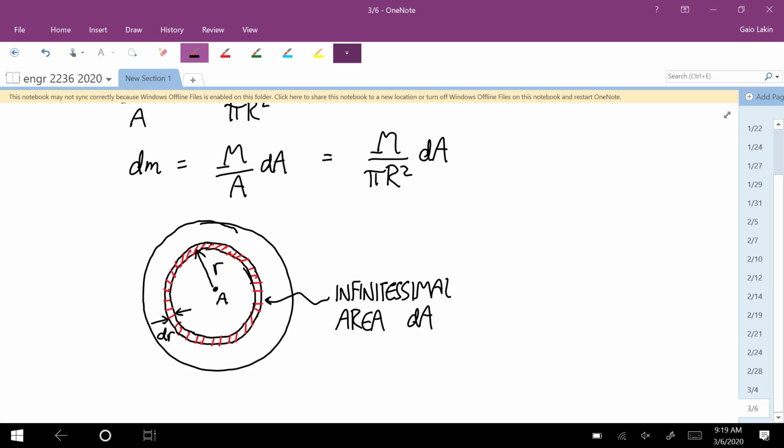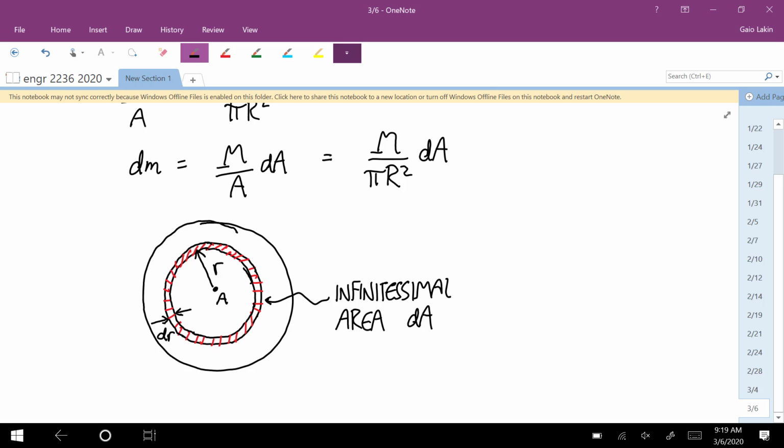What we're going to do is break this apart somewhere, stretch it out, and now it's just a long, infinitesimally thin rectangle. And so to calculate that area, it's going to be the circumference of that circle times the thickness.